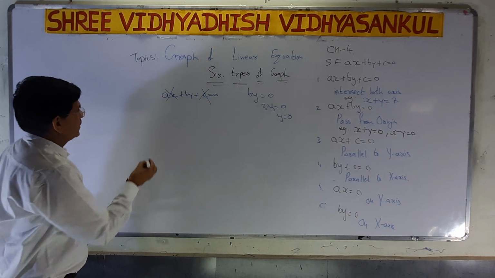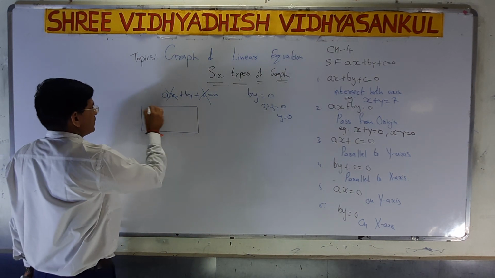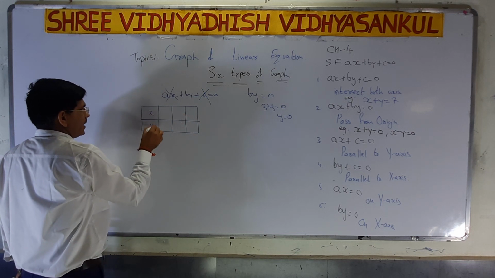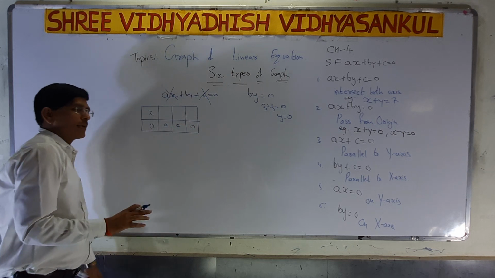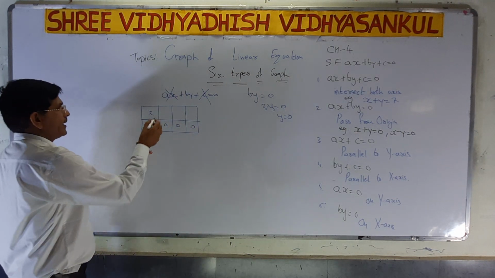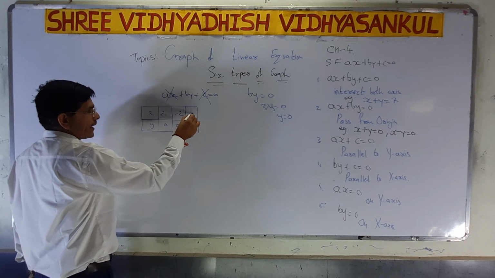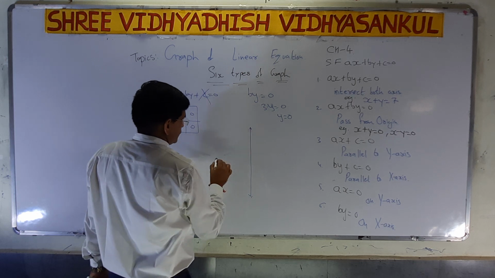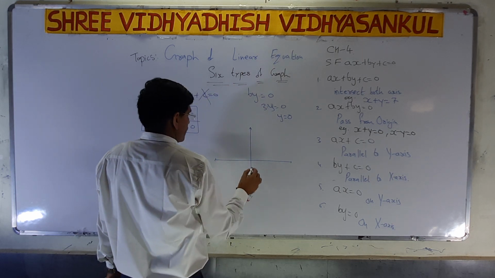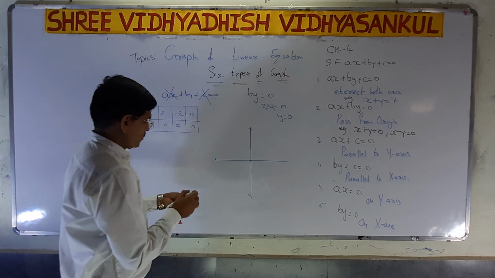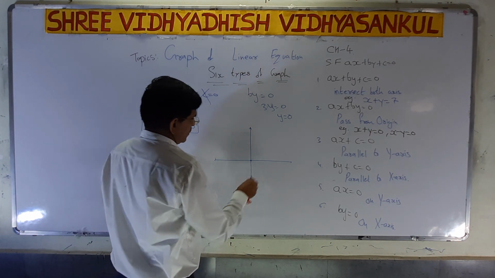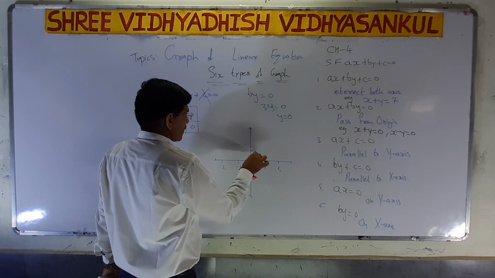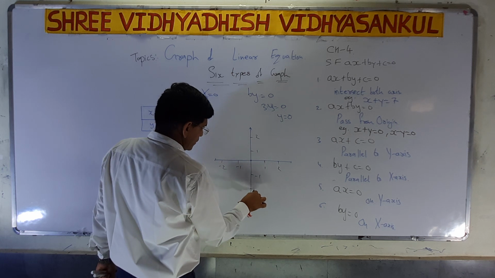So in table form, what do we have to write? y must be 0. We know that when the value of y is 0, the graph goes on the x-axis. So I will take 2, minus 2 and 0. Now if we draw the graph of it, 0, 0, with 1, 2, minus 1, minus 2 on the axes.